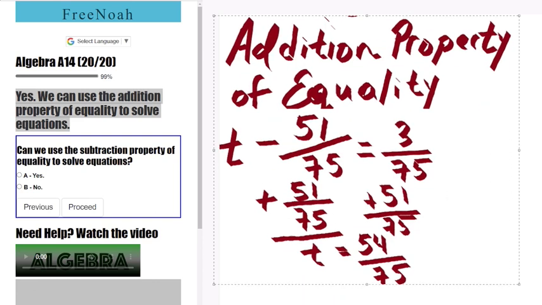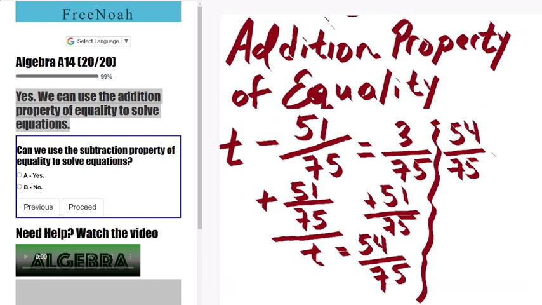Let's go ahead and make a little space here and check, right? What we did right here was we took the original t minus 51 over 75 and substituted the t with 54 over 75.